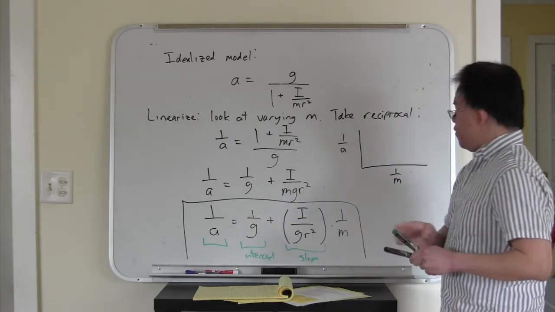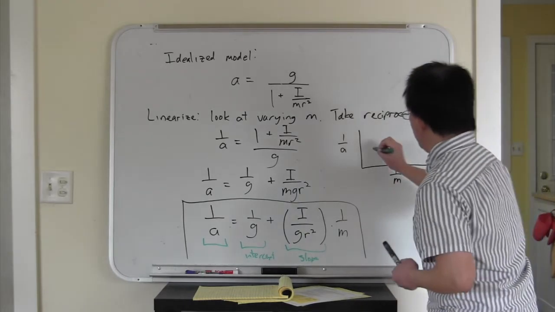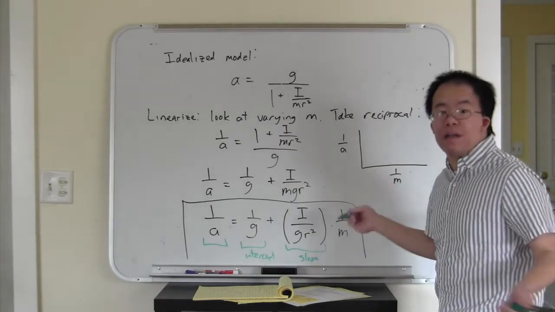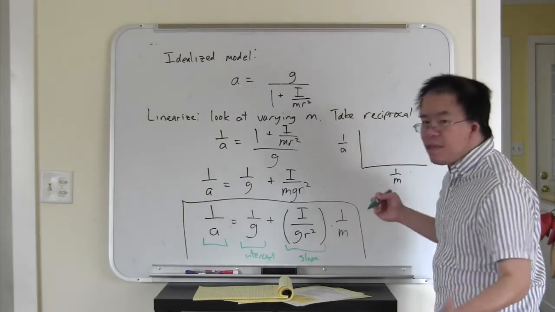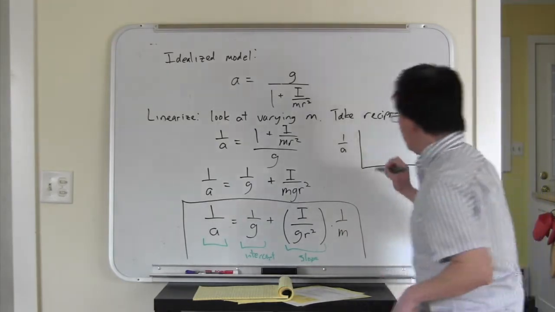So hopefully we get a few data points, and when we assess whether or not a linear model is valid, we want to check for linearity, we want to check the slope, and we want to check the intercept.